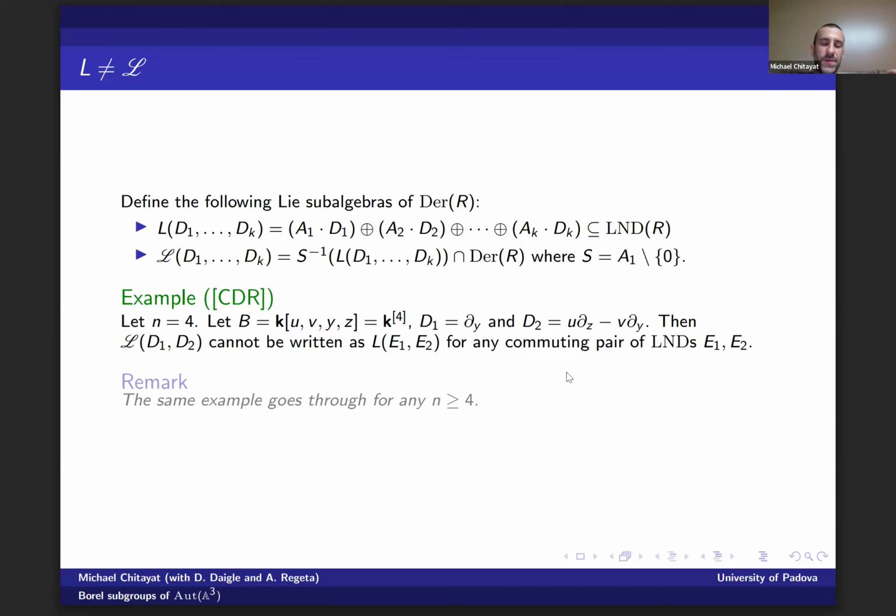And so somehow this is telling you that Lie algebras of these two forms are different from one another. And the same actually goes through for any n greater than or equal to 4, you just need to consider certain extensions of these derivations to larger dimensional polynomial rings.